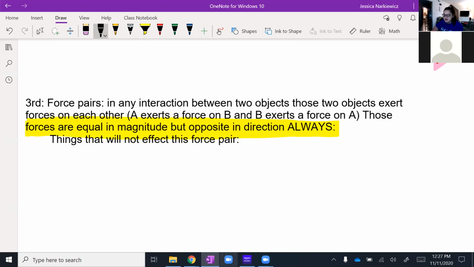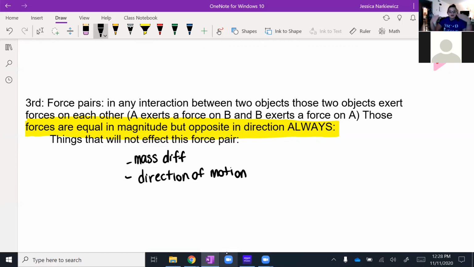So some things that are not going to affect this force. Mass differences, meaning it doesn't matter if A is greater than B or if B is greater than A, they still exert the same force. It doesn't matter direction of motion.